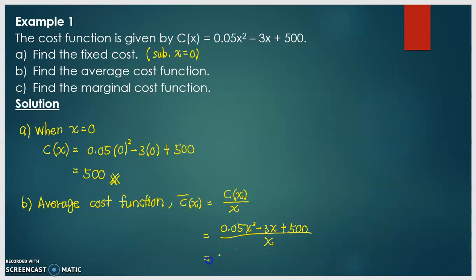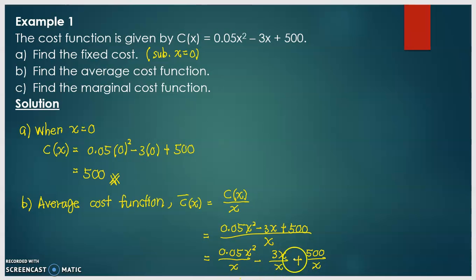First, what I have to do is divide each term by x. Means that 0.05x squared divided by x, minus 3x divided by x, plus 500 divided by x.